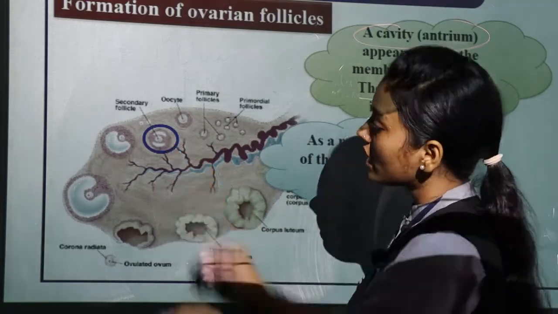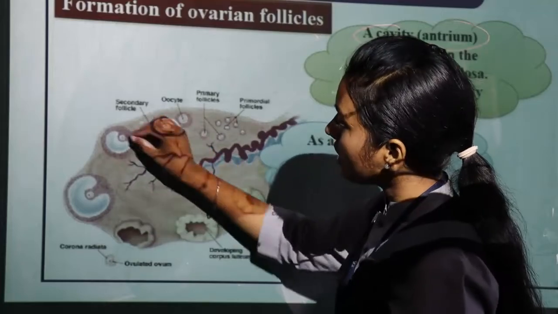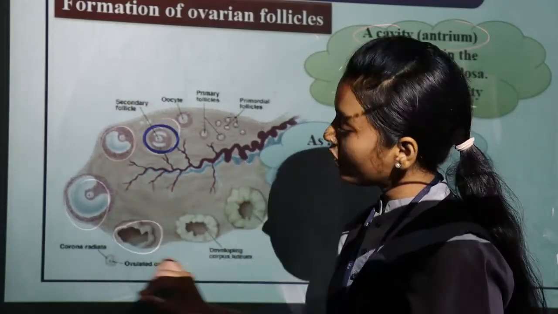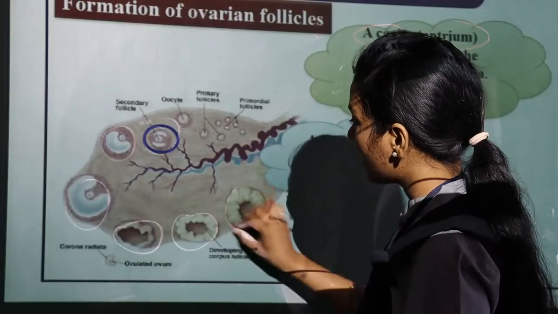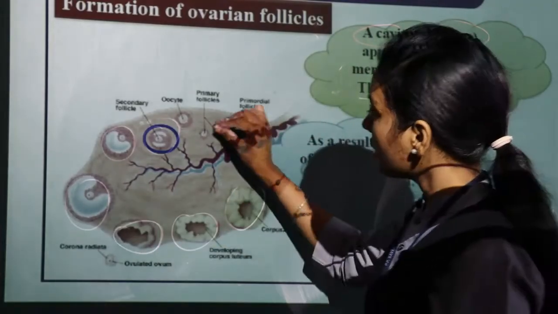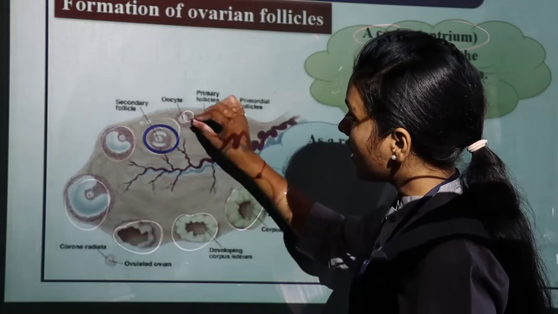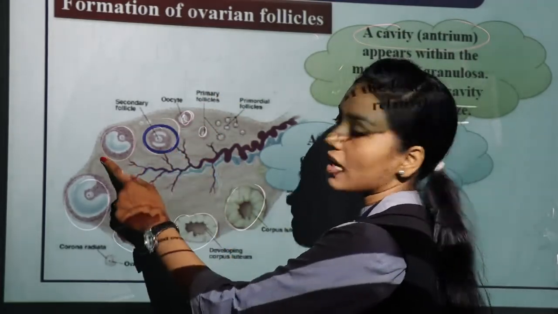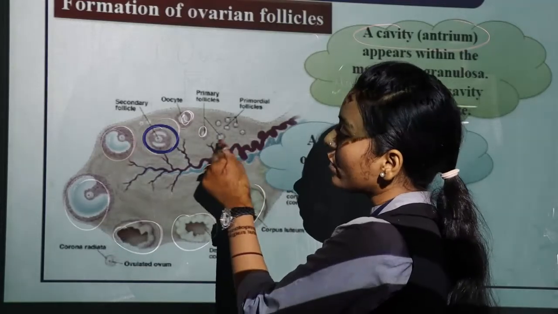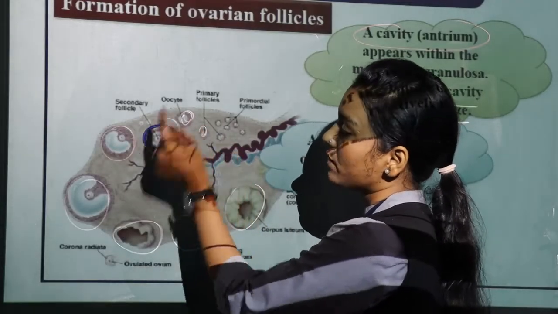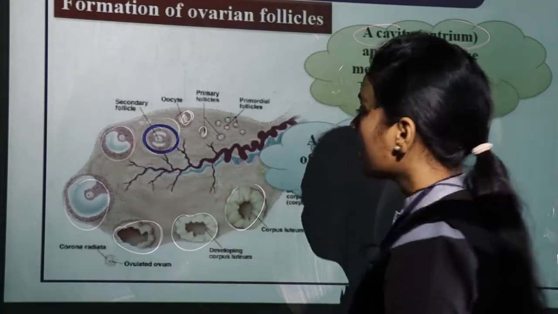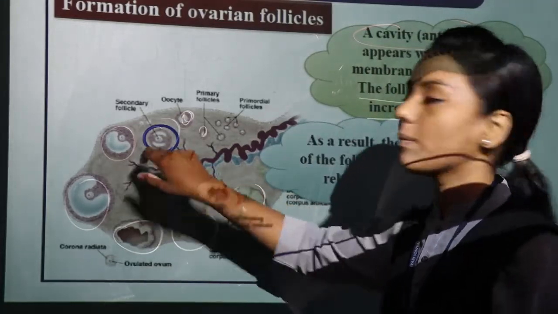This increase in size of the cell leads to development of a mature Graafian follicle. First they were smaller in size, as they mature the size increases again and again. The primary follicles are in this shape, and the secondary follicles are larger in size because of the antrum.